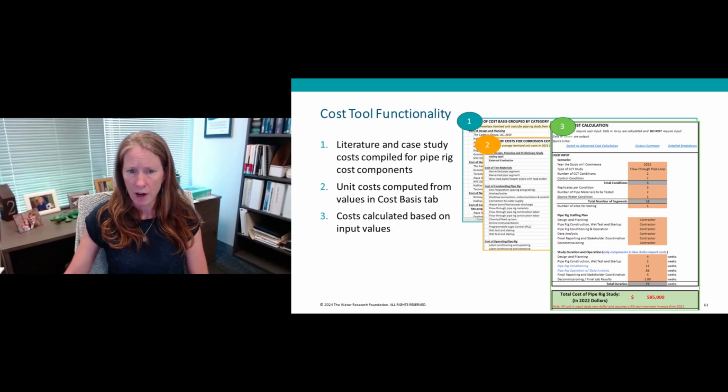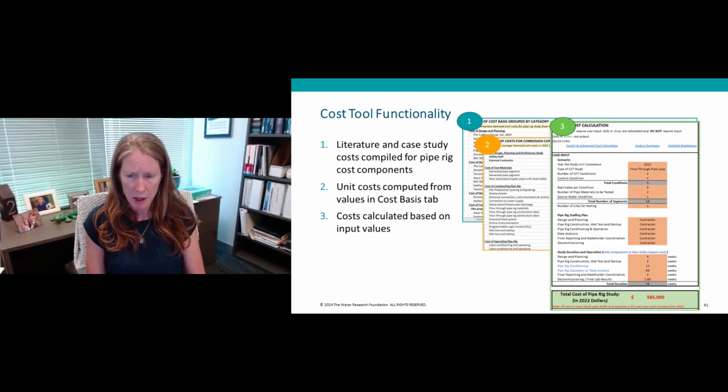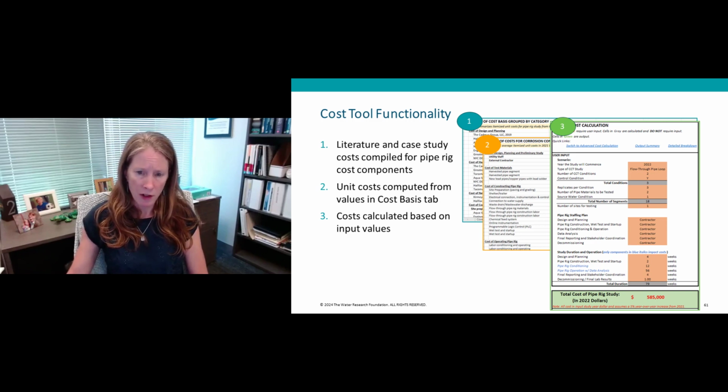So for harvested pipe segments, for example, that weren't harvested as part of a lead service line replacement, what we've done is we've taken the median value of the range of values that we were able to obtain through the case study examples and our team experience in the literature. And then those unit costs are called upon when you go into either the default cost tab or the advanced cost tab.